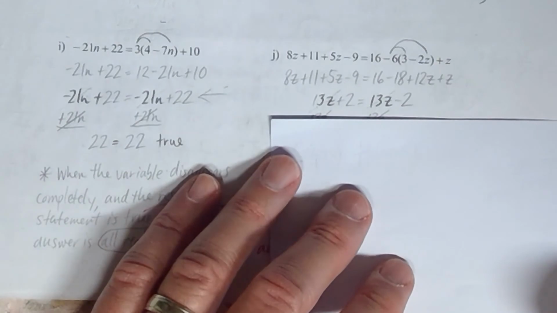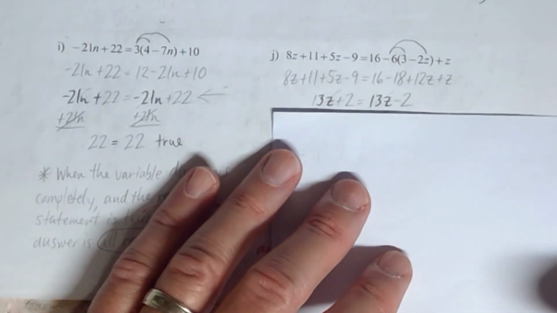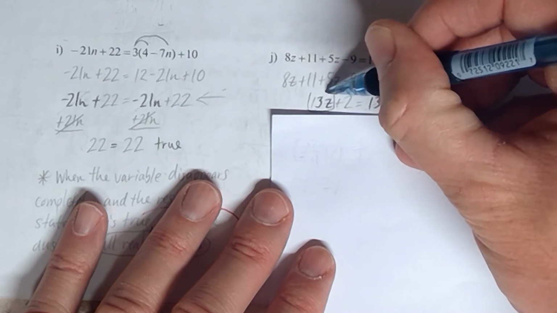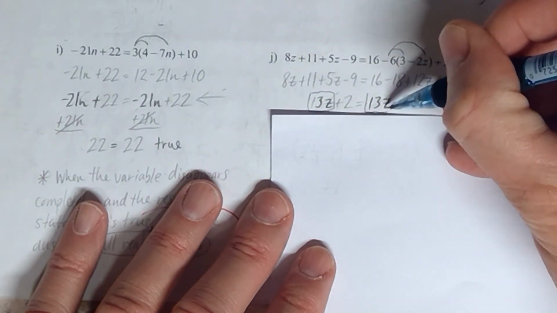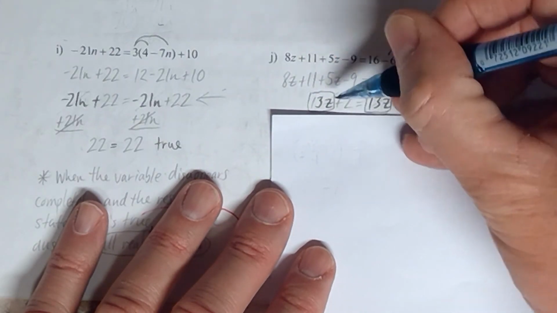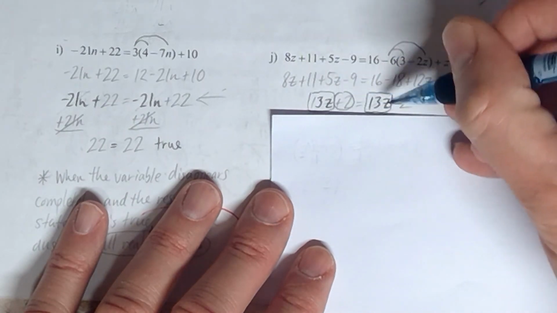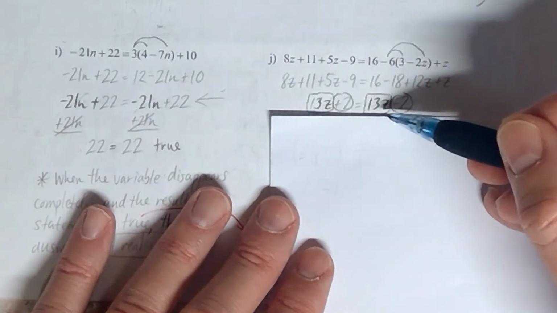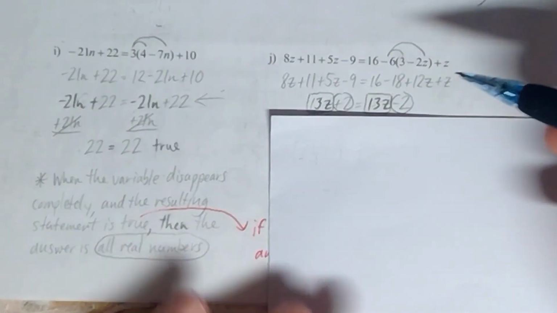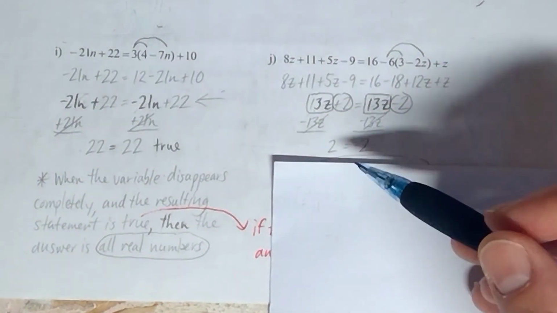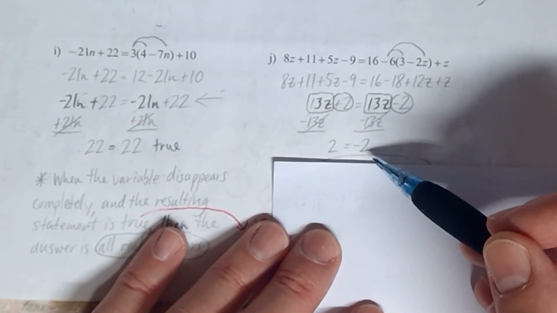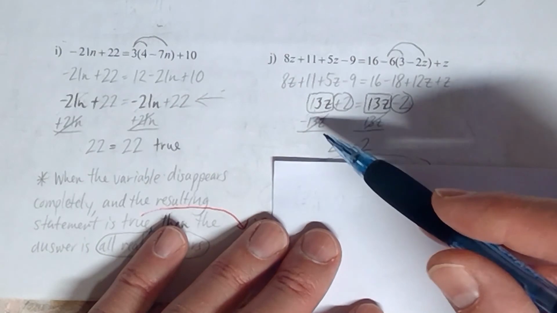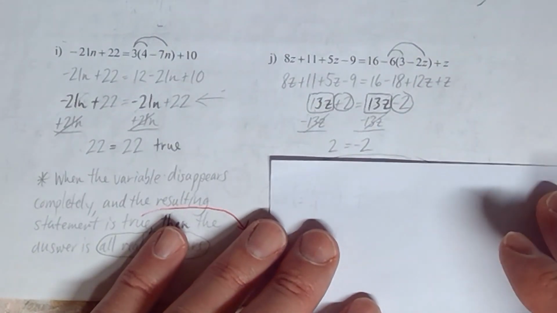Now, this is the part of the problem where, since we already combined like terms, we're supposed to move the z terms to one side and the other terms to the other side, right? But if I move over the 13z, again, what happens? The variable terms cancel, and therefore the variables do too.